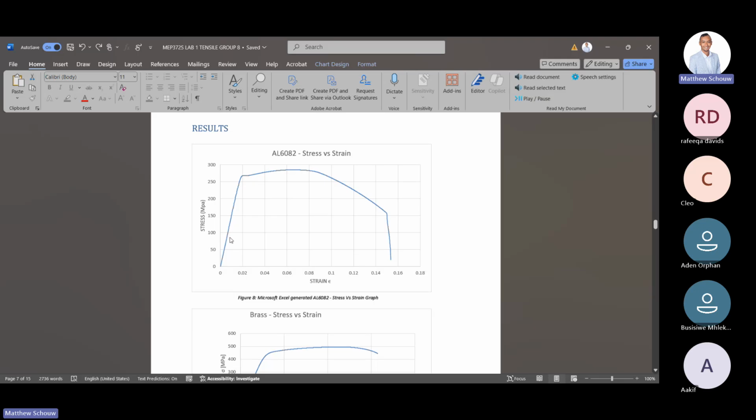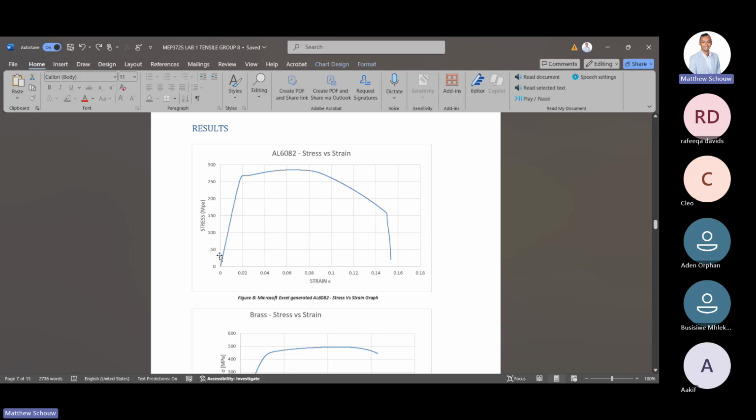If you load it to around 150 megapascals and release the force, it will go back to its initial state. However, if you go over this point, it will not go back to its original state. As you pull it, it eventually comes here and it just breaks. I'll show you a small simulation of what it looks like. But that's some real results for you.